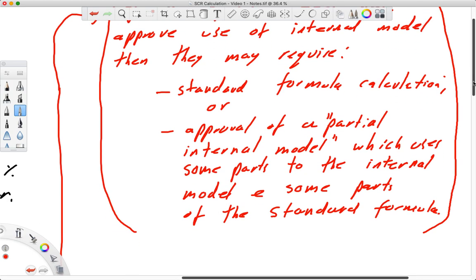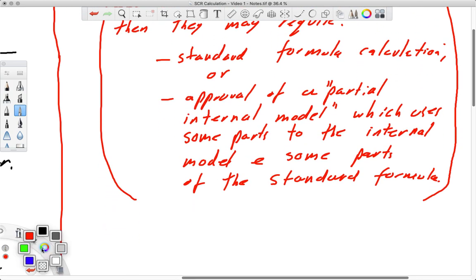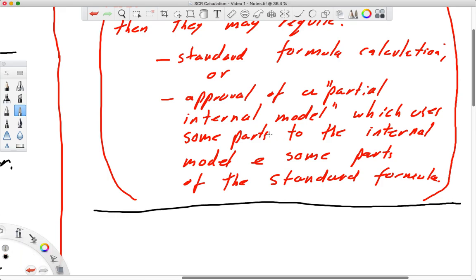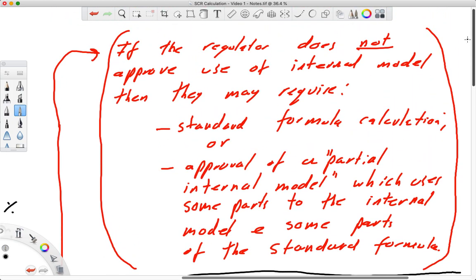So you can't set this up. You cannot choose to use some bits of the standard formula and do some modelling yourself in order to get the best of both worlds. That is not possible. You choose whether you want to do the standard formula or whether you want to do your own internal model. And then the regulator comes along and decides whether you are allowed to use your internal model.